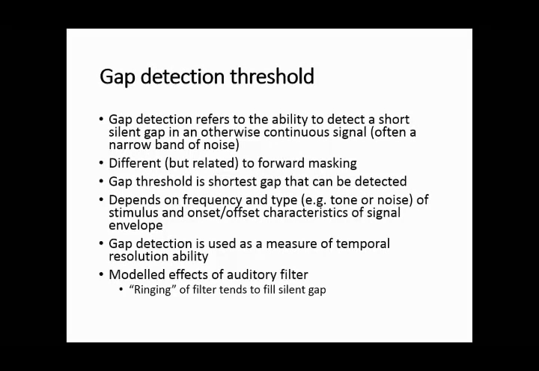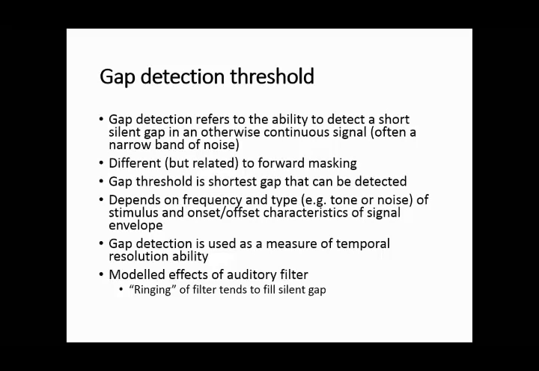Okay. How do we measure temporal accuracy? Now we had one, namely what is the gap, the duration of the gap that I need in a stimulus. There are two ways of measuring it, actually three ways. One is gap detection, and I'll talk about that. What we just discovered was forward masking. So how loud does the stimulus have to be after a short time so that I can still hear it?